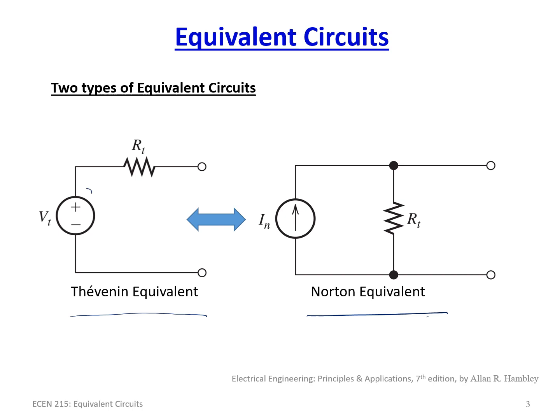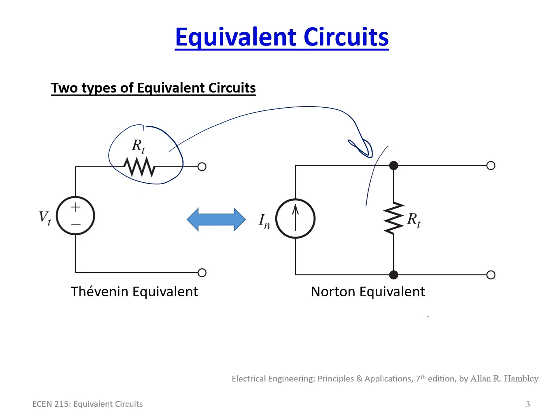And since we went from a series resistor to a current supply, the resistance became parallel. You can go back and forth between these two simply with Ohm's law, because we know that I is equal to V over R.